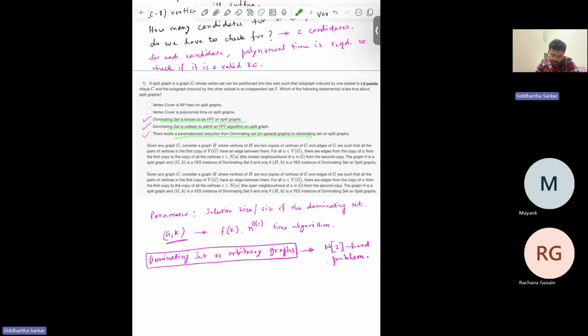So let us look at whether there exists such a reduction or not. So here is the next statement, which proposes such a reduction. Let you read this statement, whether this statement is true or not.